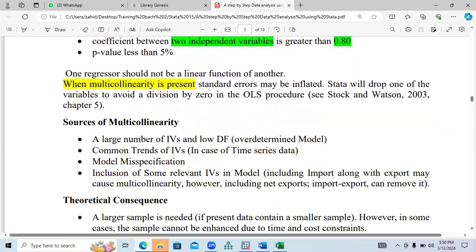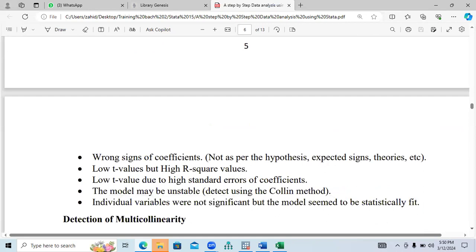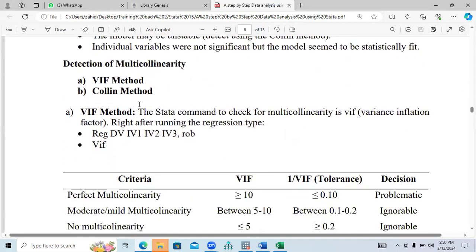There are some procedures that we need to test multicollinearity. There is the VIF procedure in order to check the multicollinearity. There is the Collin procedure that I will discuss tomorrow.